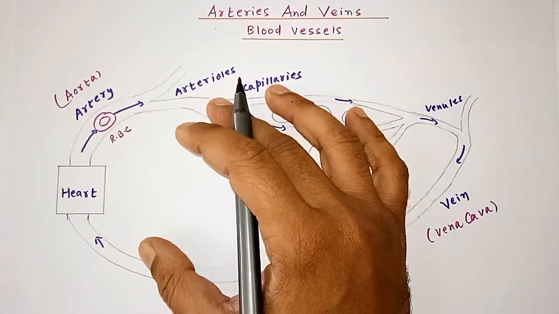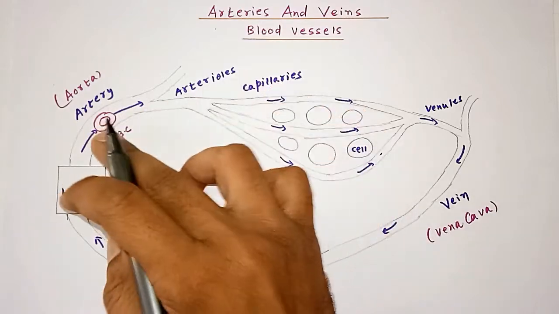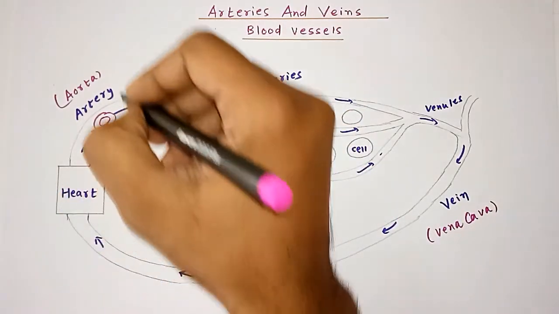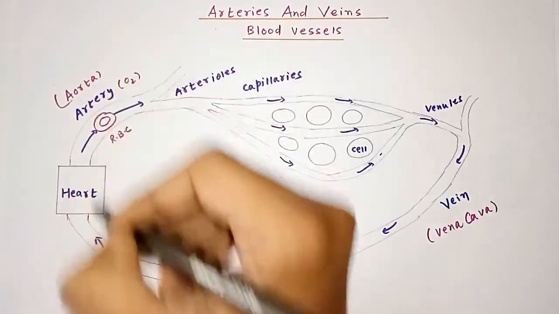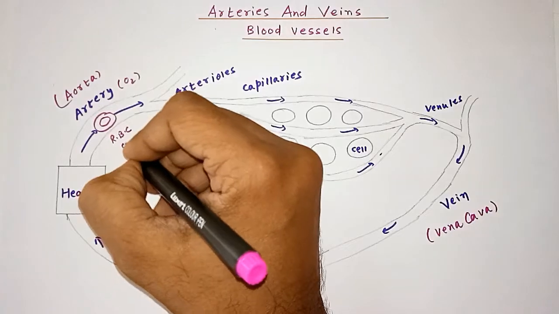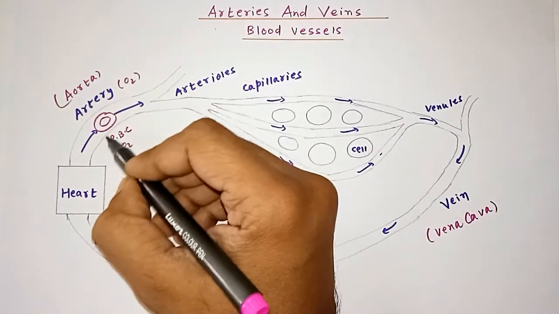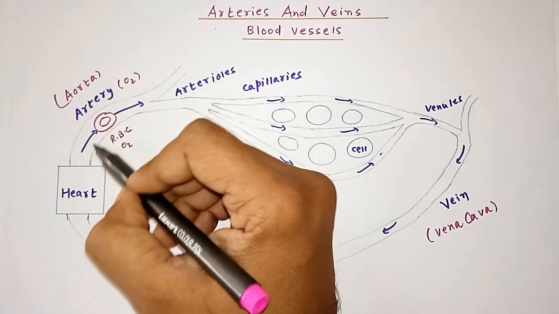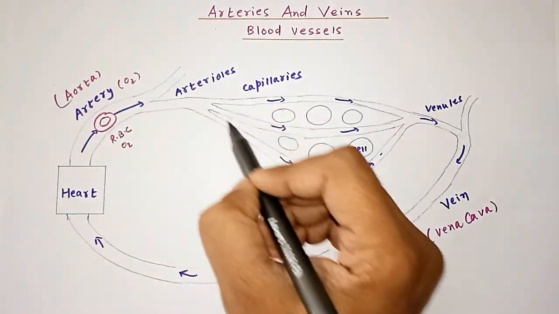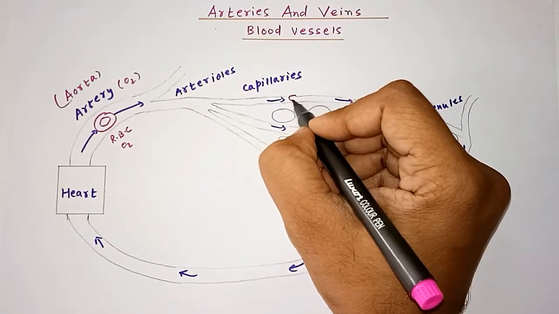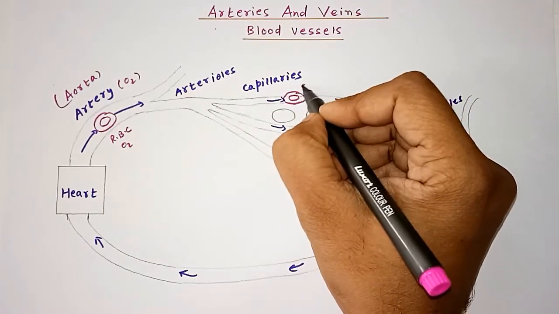It is not always the case, there are exceptions, but right now let us understand that arteries carry only oxygenated blood. So what happens is oxygen is present inside the red blood cell. So this is an oxygenated red blood cell that carries oxygen from the heart into the artery to the different cells over here. So that red blood cell reaches over here, containing oxygen.